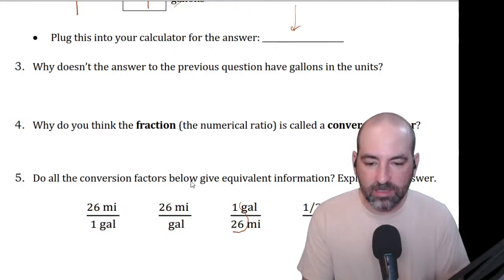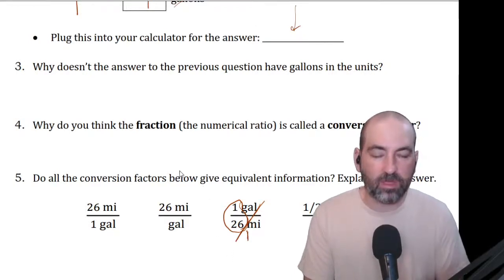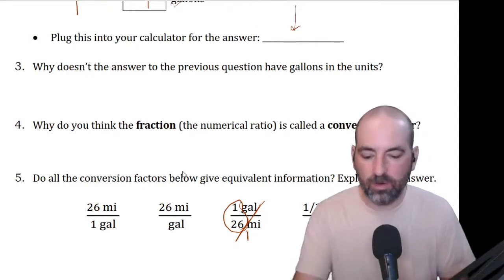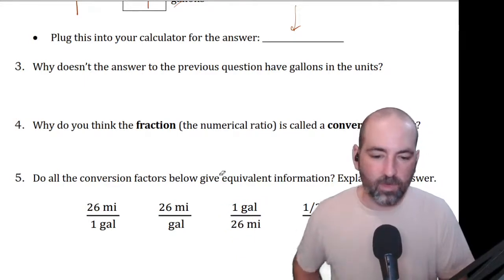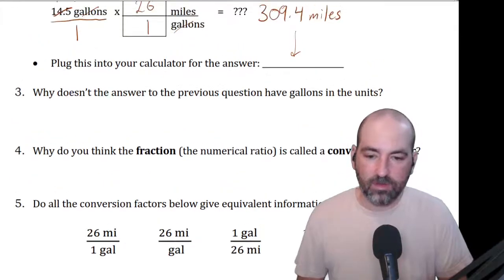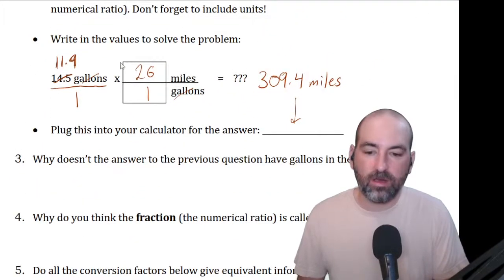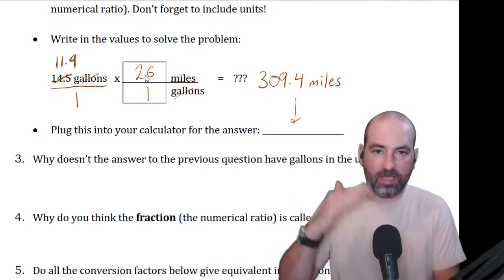Essentially that is thinking about 1/26th as the fraction, all being on the top, and the 1 mile on the bottom, so thinking of 1 divided by 26 as one number. But these are all ways of doing this problem, and any of those conversion factors could be plugged in here as long as the miles and the gallons were on the correct side, top or bottom.